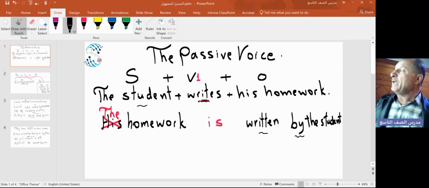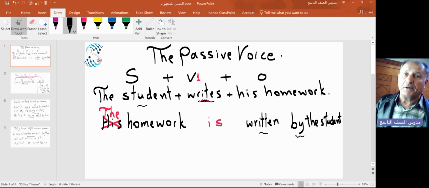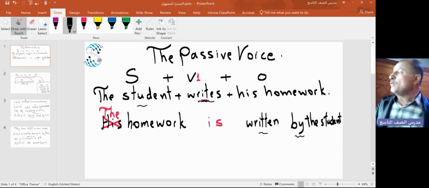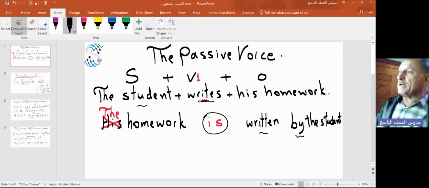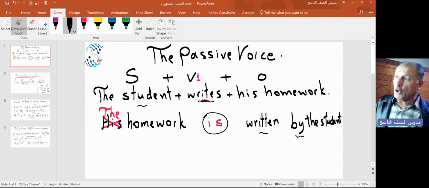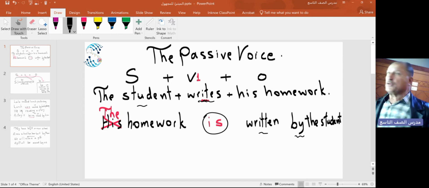Here we have the main verb in the form verb 1. So we put be in the form of verb 1, which is am or is or are. So we put here is. Now the sentence becomes: the homework is written by the student.